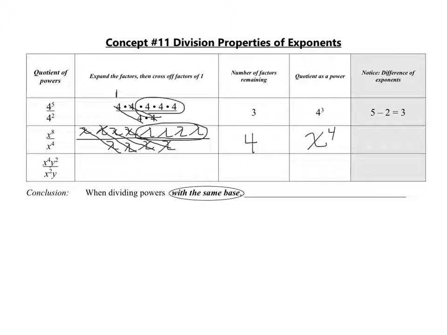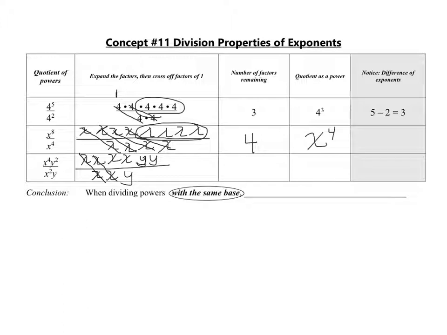Let's try the next one. I've got x to the 4th times y squared, that means x times x times x times x times 2 y's over x squared times y. So I've got x times y. And because the x's represent the same number, I can actually cross out 2 of them because those represent 1.